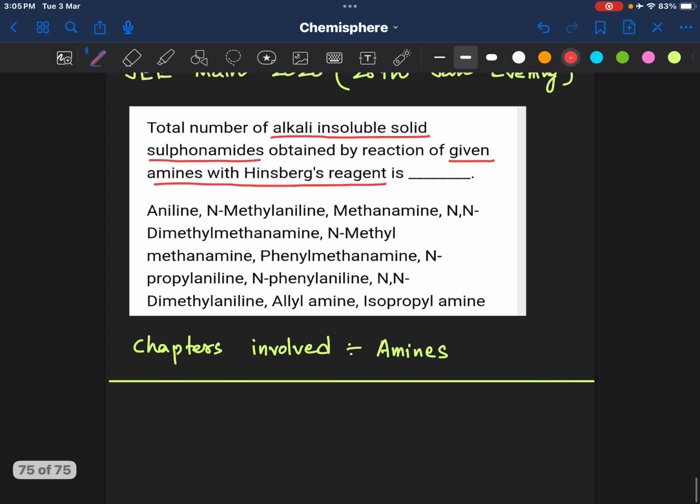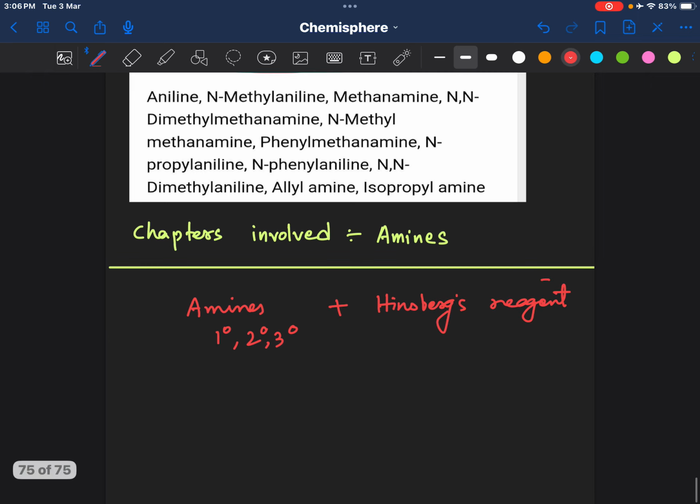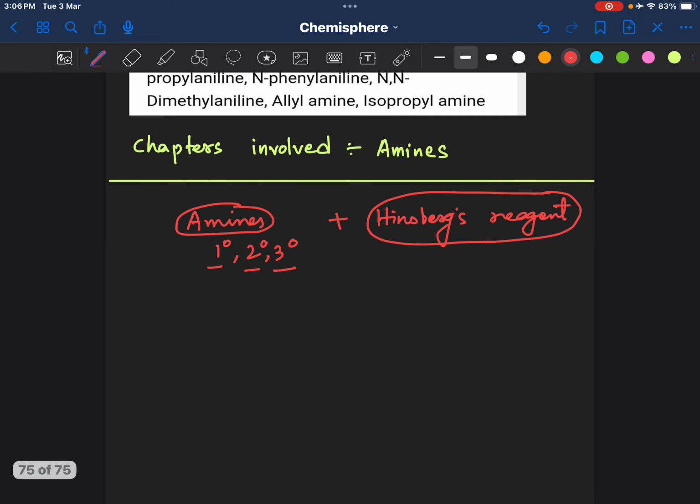So before we deep dive into the question, we should know a bit of the theory: what happens when amines, whether 1 degree, 2 degree or 3 degree, react with Hinsberg's reagent. Hinsberg's reagent is used to differentiate between primary, secondary and tertiary amines because they behave differently with it.